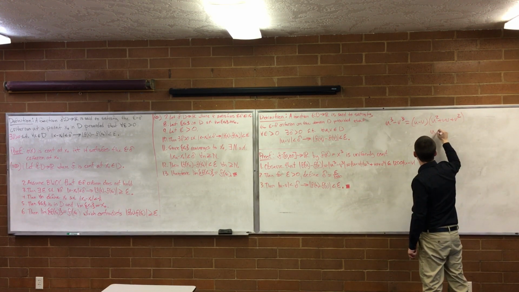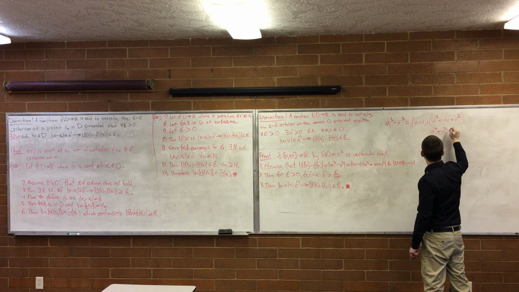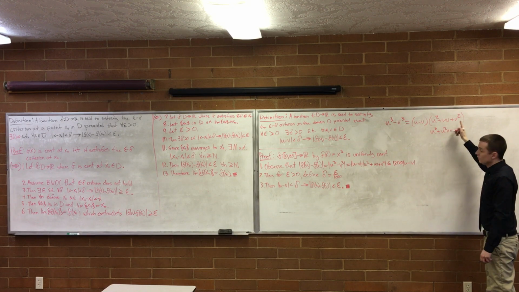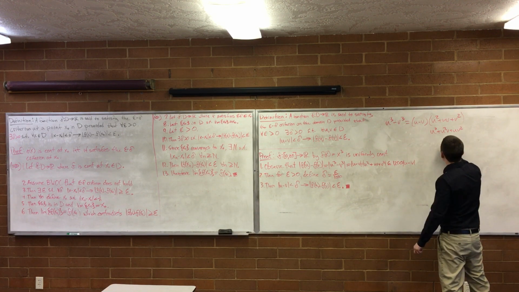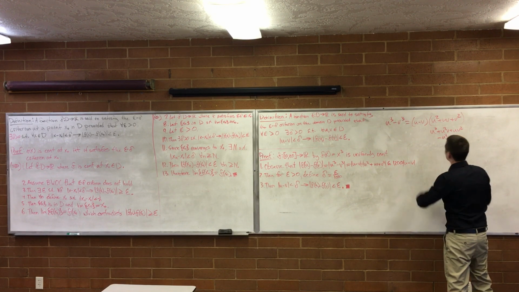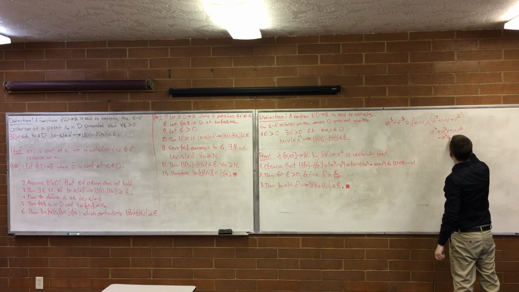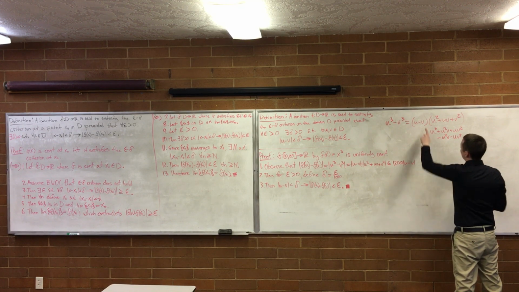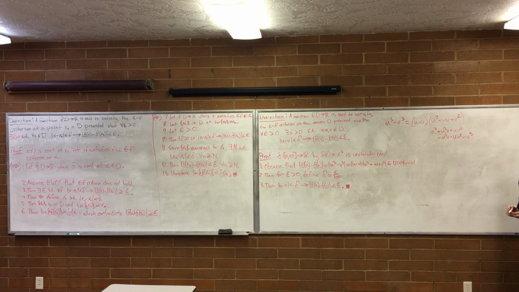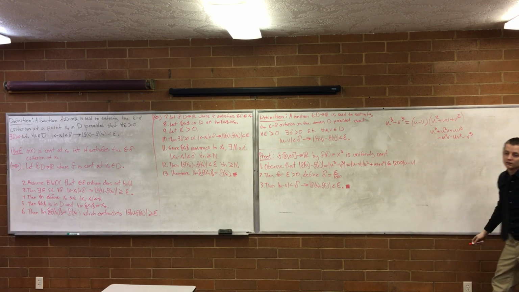We get u cubed plus u squared v plus uv squared. Now distribute the minus v. We get minus u squared v, minus uv squared, minus v cubed. Add it all together, and what do you get? u cubed minus v cubed. Ah, so this is the same as that.